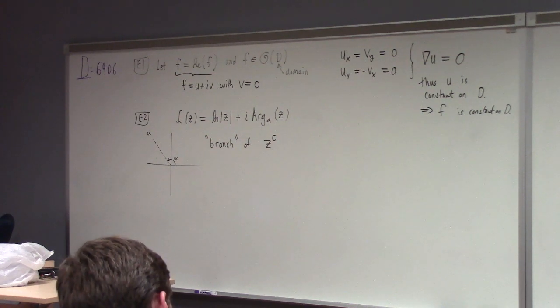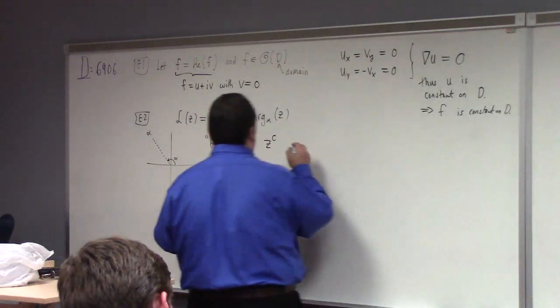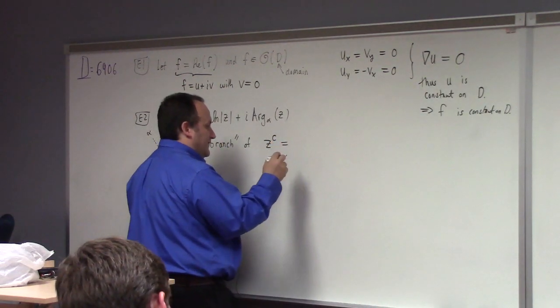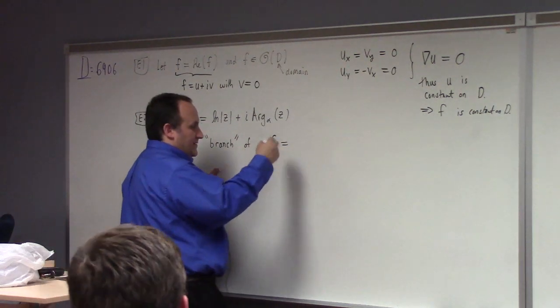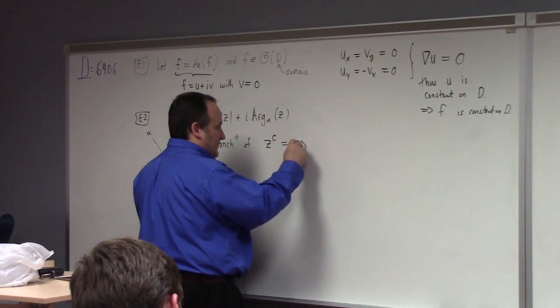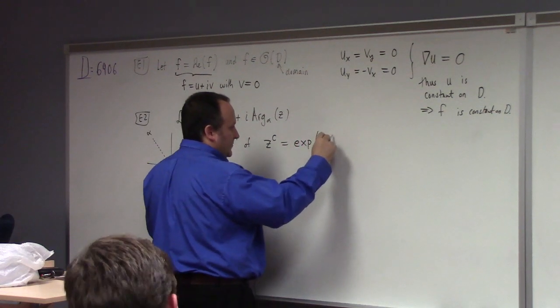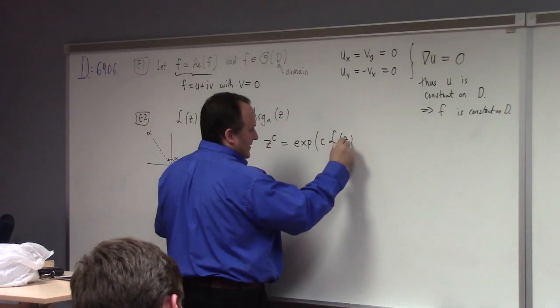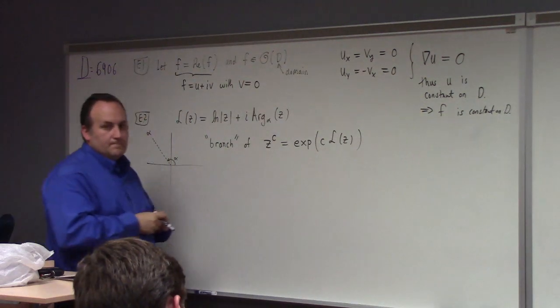Annoyingly, we have a set of values for a complex power. But if we choose a branch, then that annoying lack of specificity vanishes, and it just gives you this formula: by definition, it's the exponential of c times L of z.